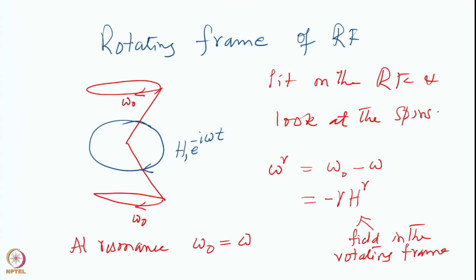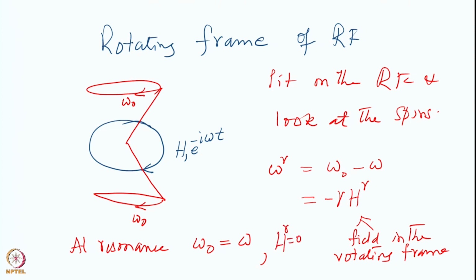So what will happen? The spin is stationary, right. If omega naught is equal to omega, there is no precessional motion and therefore the field is 0. So this will imply HR is equal to 0.